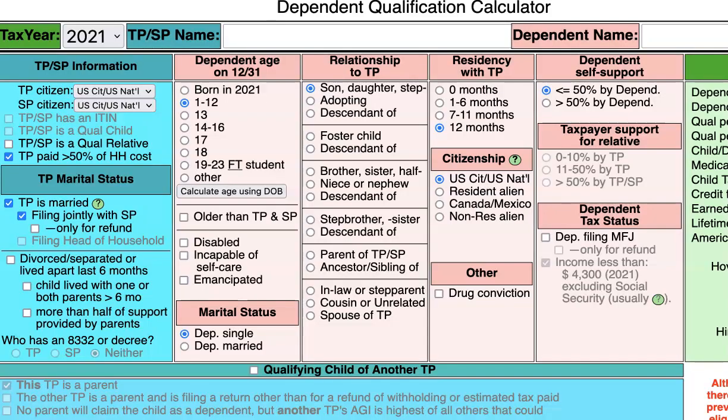A second option is to use the Colorado Tax-Aide tools. Here's the Dependent Qualification Calculator. Rather busy looking, and you may find this useful. We're not recommending it to you, but if you want to check it out, you can do so.